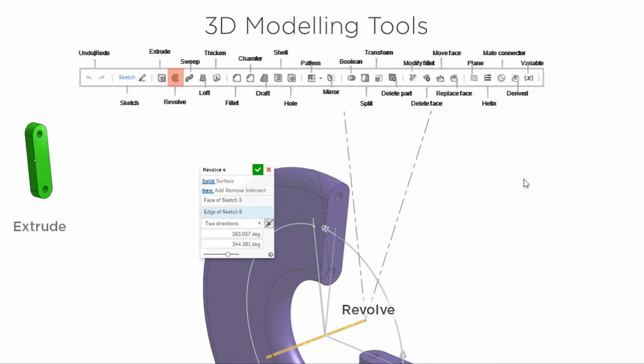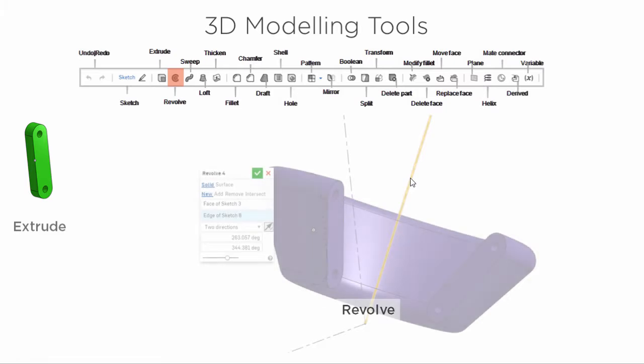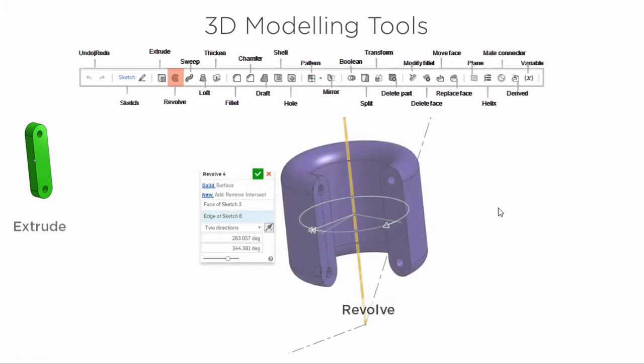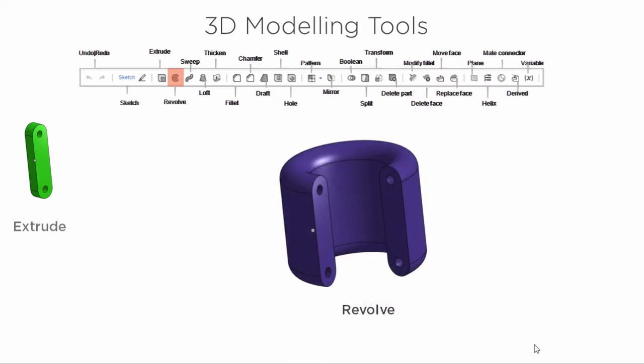Let's just click the various available axes to show the resulting revolved parts. Again, tapping the green check mark will finalize the revolve operation and create the part.